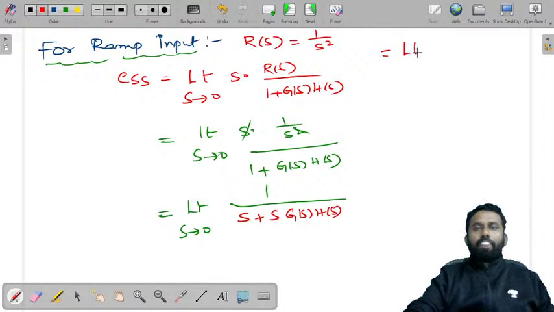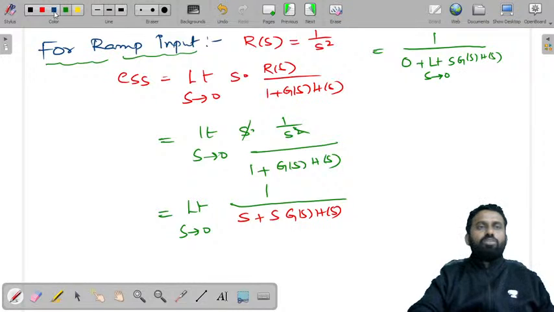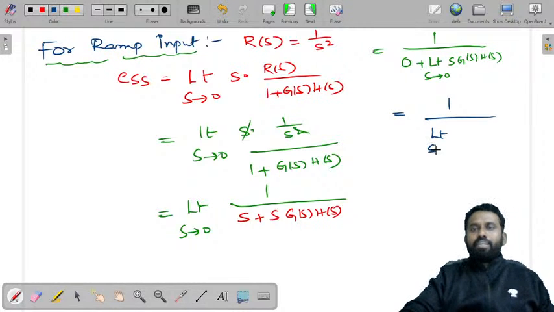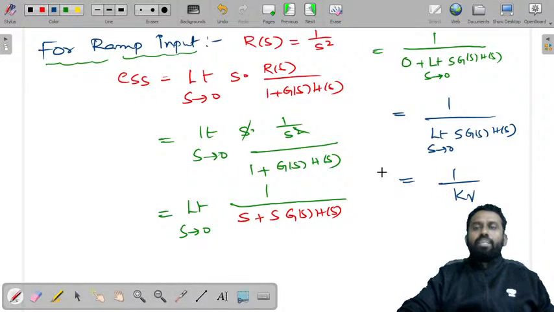You get 1 by, this value is 0 plus limit s tends to 0 of s into g of s into h of s. Do not apply s is equal to 0 in this case. It is 1 by limit s tends to 0 of s into g of s into h of s. We will write this as 1 by kv.